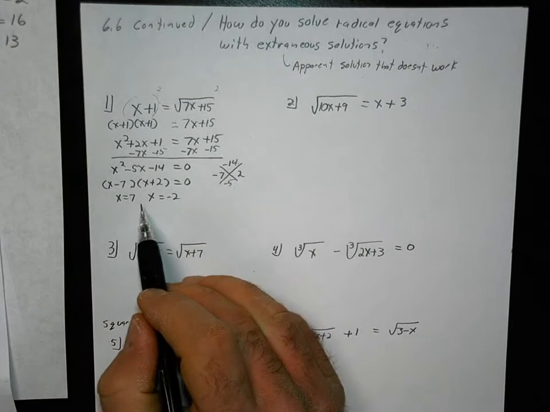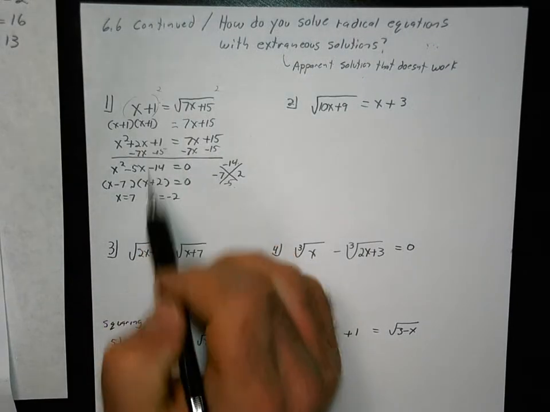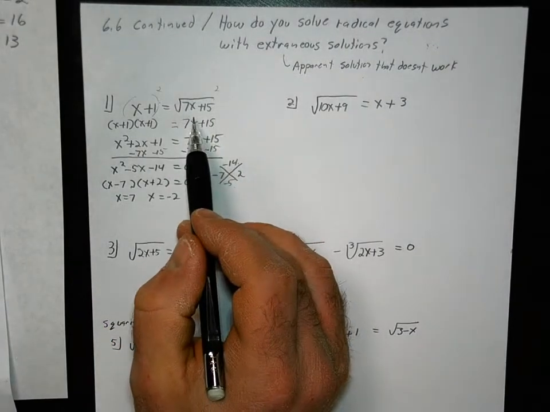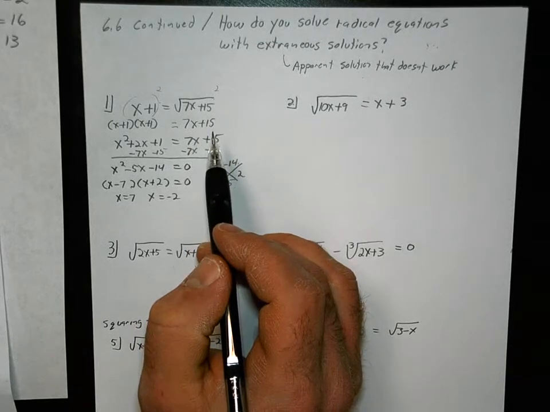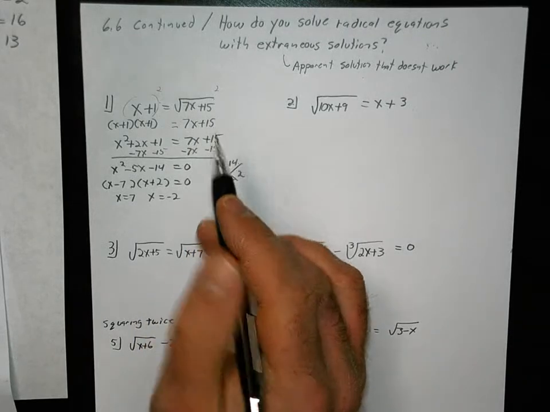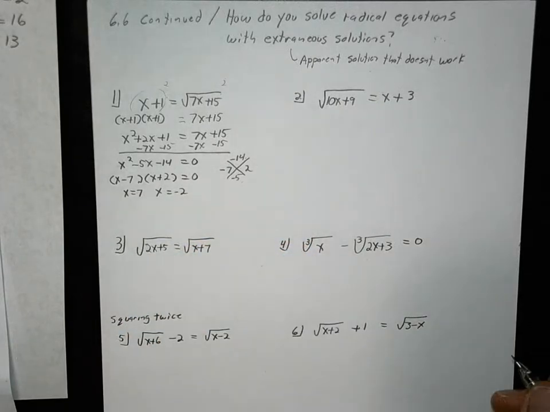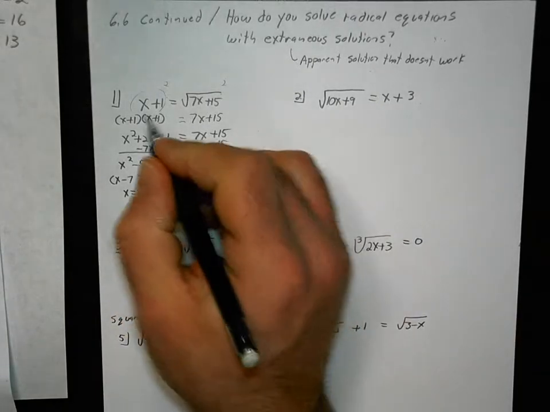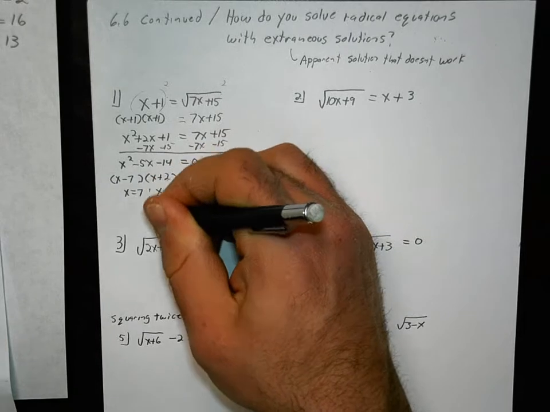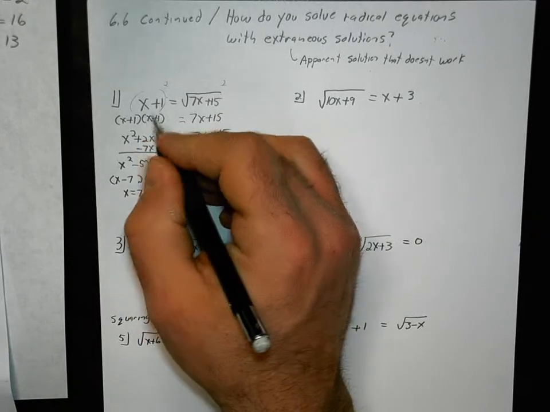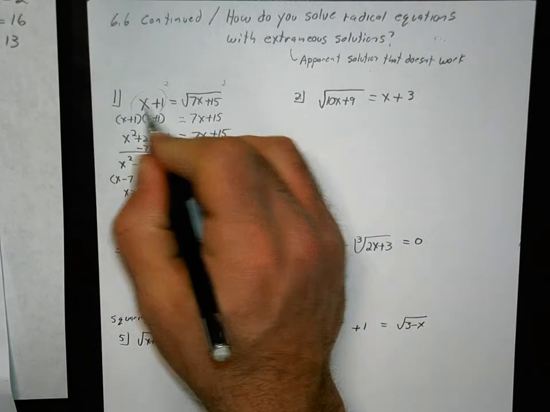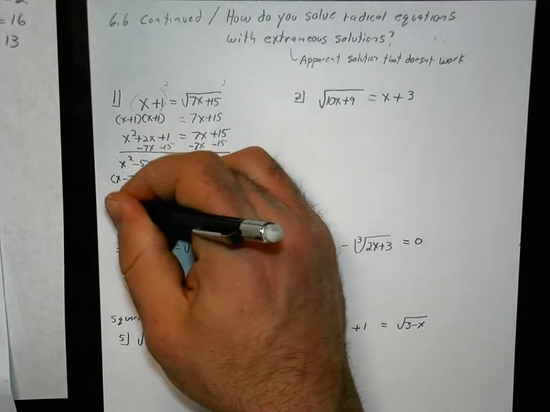Okay, so now when I do this, I have to substitute these back in, check to make sure they work. Okay, so first let's try 7. I wish I would have left myself some more room. On the left side, if I plug 7 in, 7 plus 1 is 8.